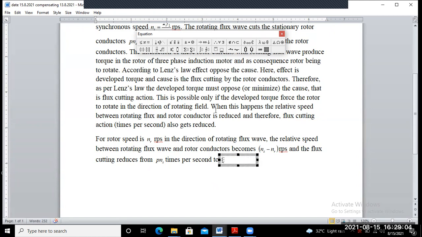That means P into the relative speed becomes P into (ns minus nr).